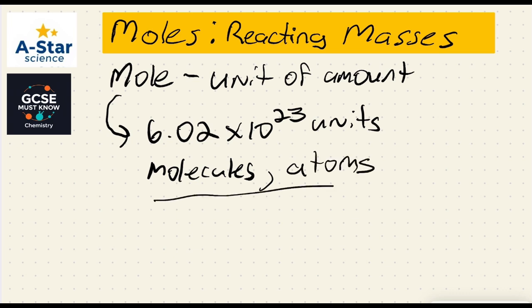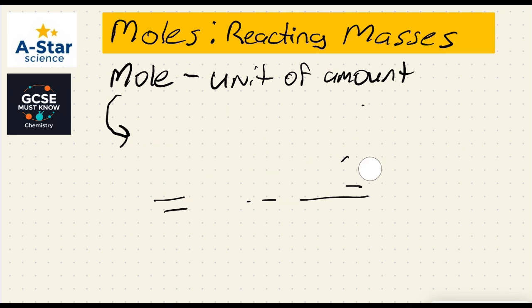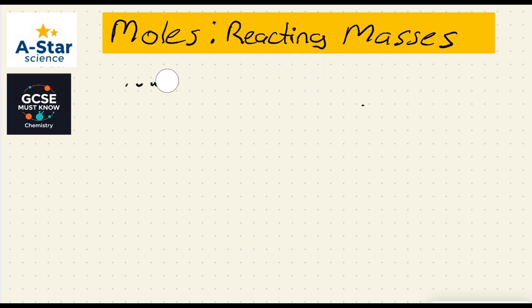Any of the different particles and different substances that we talk about in chemistry, 1 mole would represent 6.02 times 10 to the 23rd of those things. And so this is how in chemistry we use moles to look at amounts of substance. Now, how do we use this in calculations? That's what we're going to show you now.